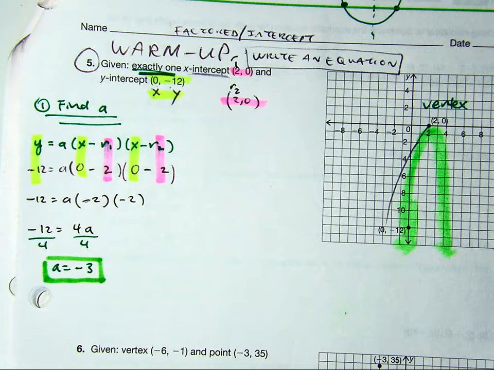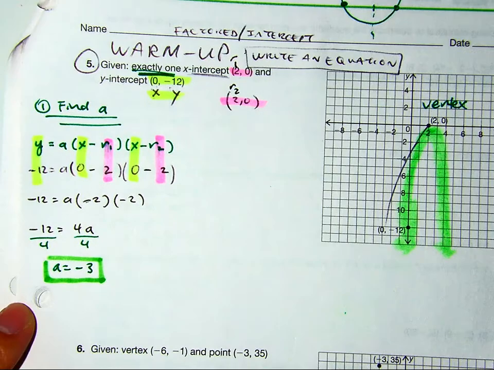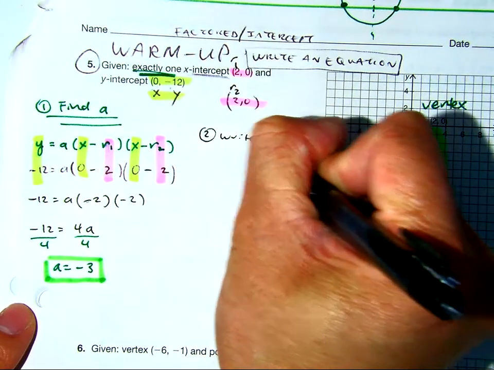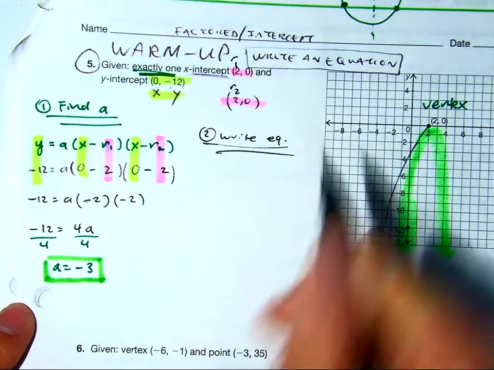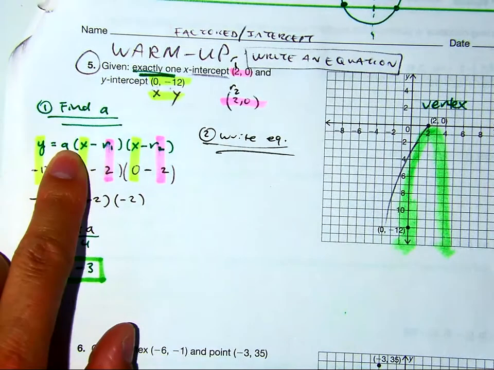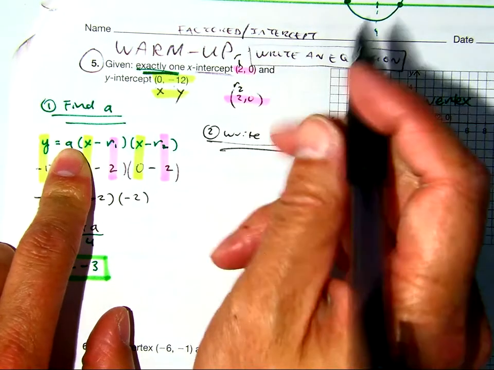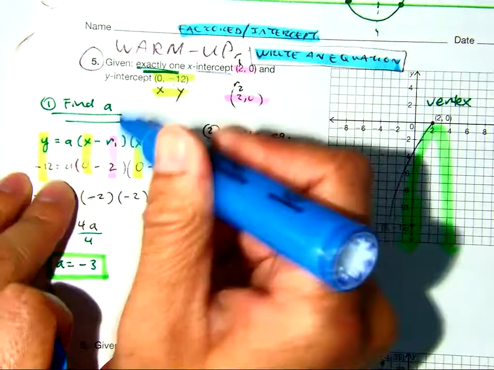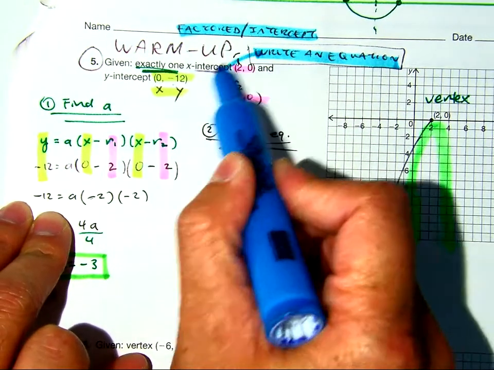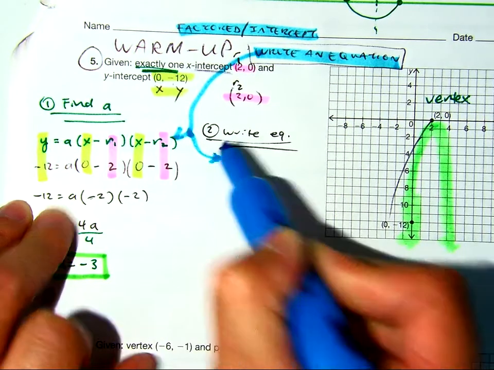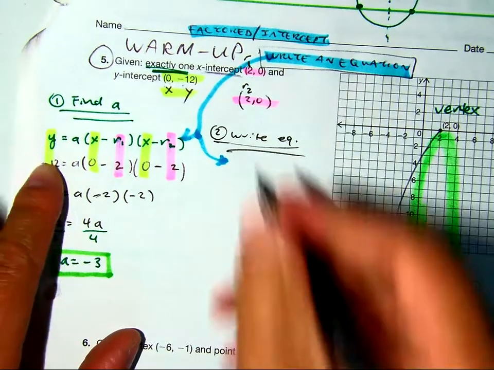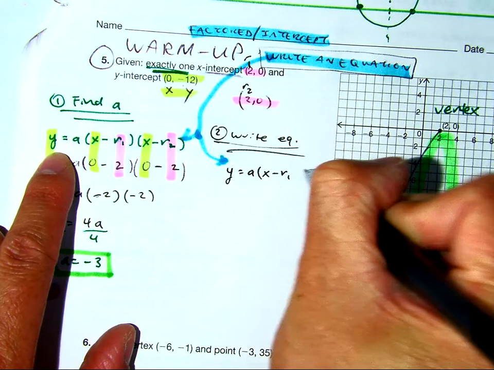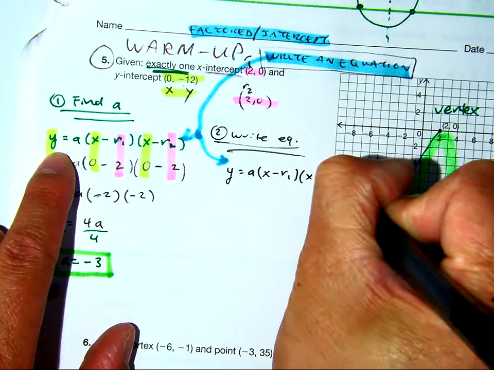So we found the a value by using my clues, and the next thing we're just going to write an equation. So my equation, I'm going to use the same exact one, factored form. So I have y equals a times (x minus r1)(x minus r2).